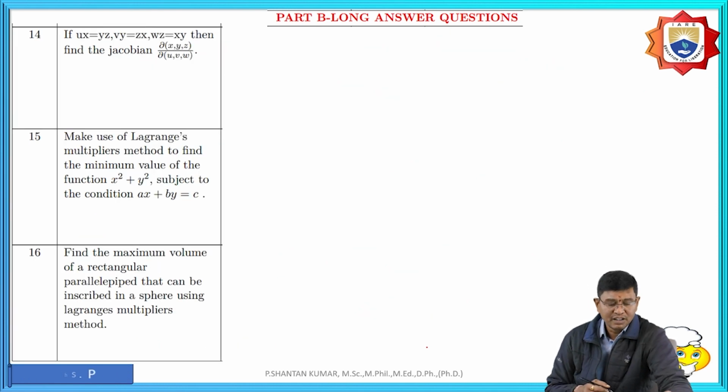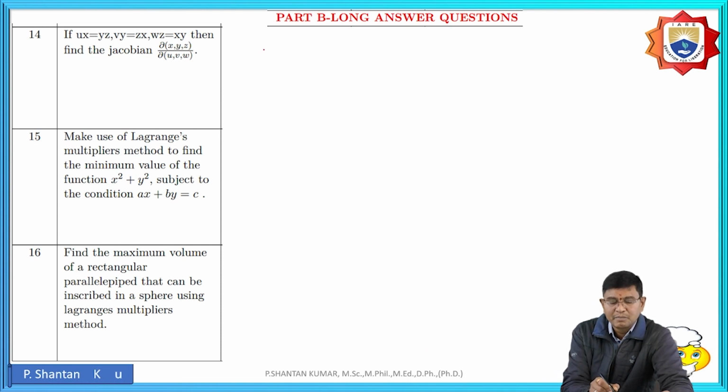And again the third one, next one, is x,y,z in terms of u,v,w. By the composite formula, you need to assume ∂(x,y,z)/∂(u,v,w) for the three variables.